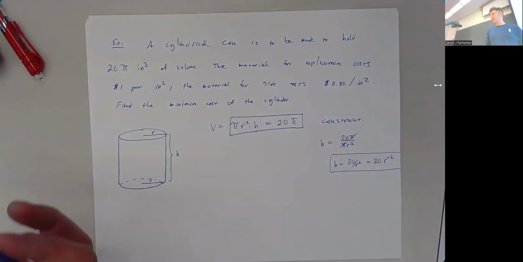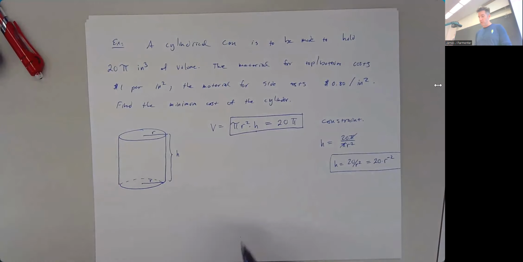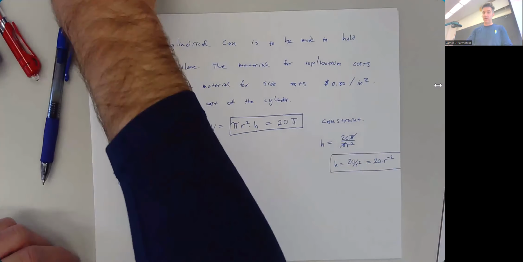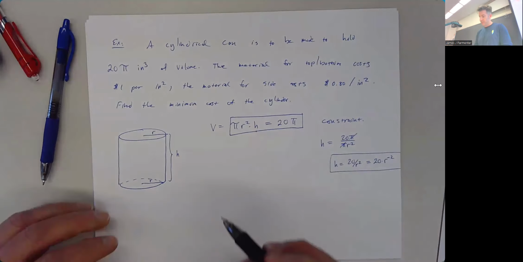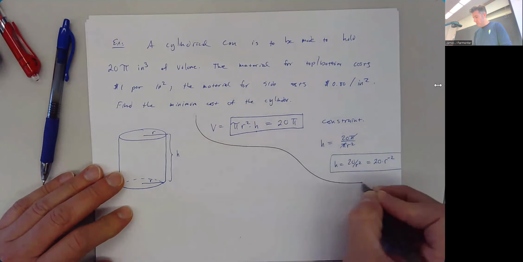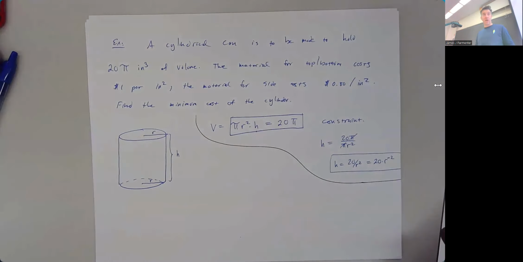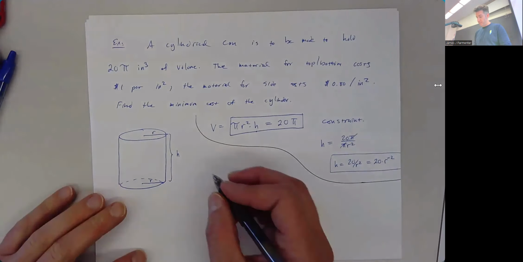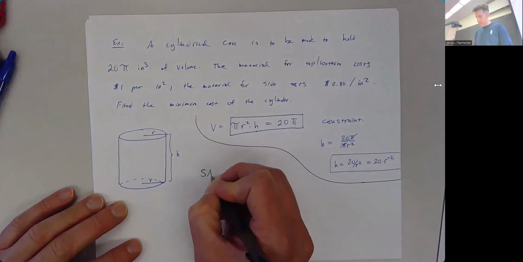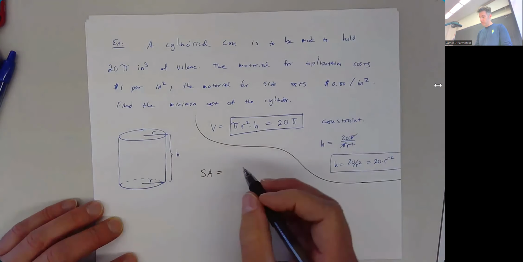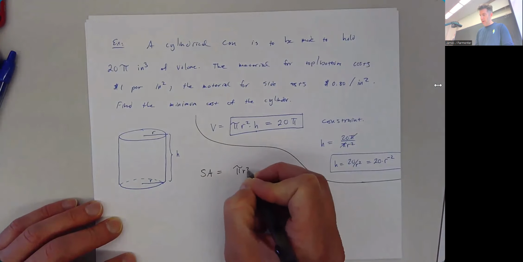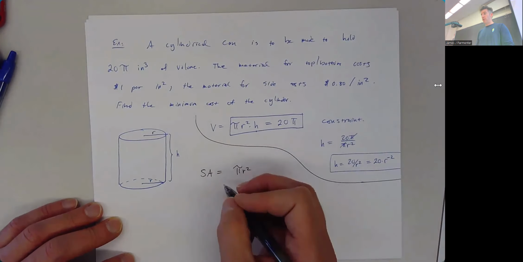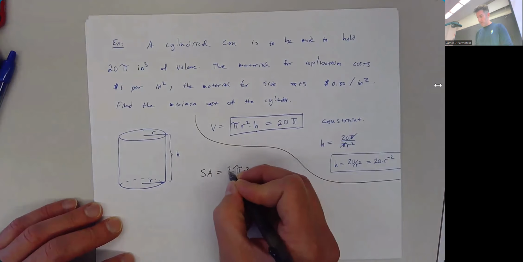But we kind of got ahead of ourselves here. I normally would have started out by looking at the thing I actually want to maximize or minimize. And the thing is, we're not just minimizing the surface area here, we're minimizing the cost of the surfaces. So the surface area of a cylinder is the following. The surface area is the top circle area, which is pi r squared, plus the bottom circle area, which is also pi r squared, so you get 2 of those.